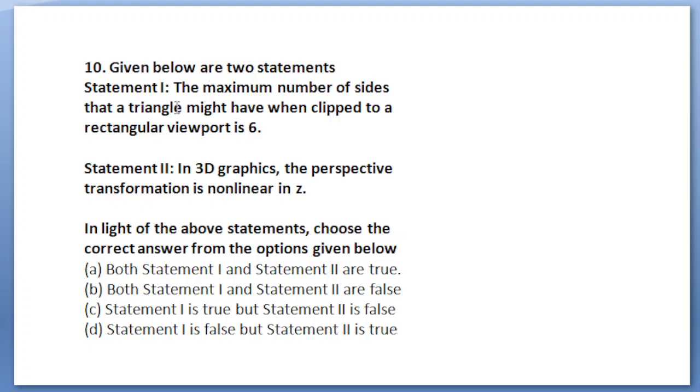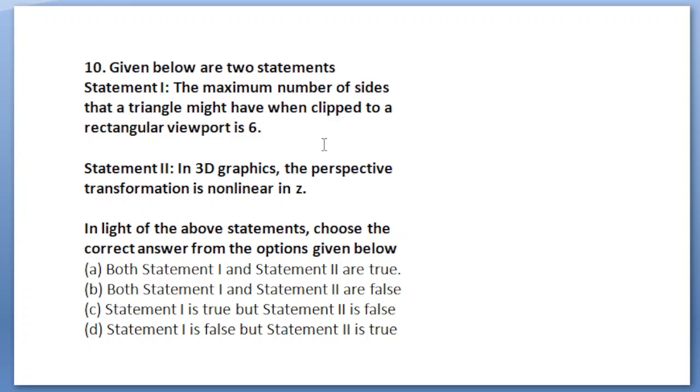Given below are two statements. Statement 1: the maximum number of sides that a triangle might have when clipped to a rectangular viewport is 6. Statement 2: in 3D graphics, the perspective transformation is non-linear in Z. This question is also from computer graphics. What are they telling in statement 1?